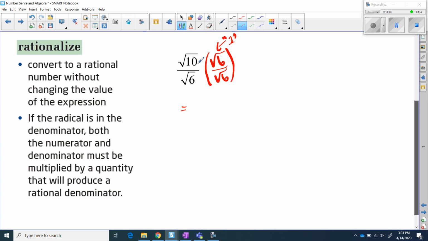When I multiply the numerator, the square root of 10 times the square root of 6, that's the square root of 60. Now watch what happens in the denominator. Because these radicals are the same, the square root of 6 times the square root of 6, I'll show you here the first one. The square root of 6 multiplied by the square root of 6 is the square root of 36, and we've talked about this back when we did multiplication.